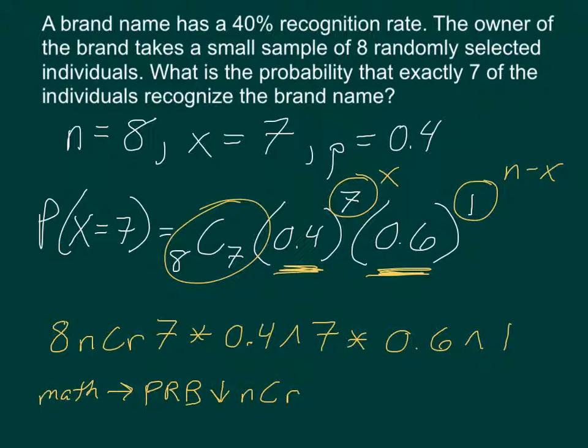Now I really don't need the raised to the 1st in that particular case. So I'm going to go ahead and erase these. But you'll notice that I didn't put a whole bunch of parentheses in because your calculator automatically follows the order of operations.